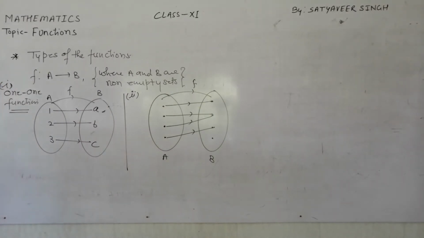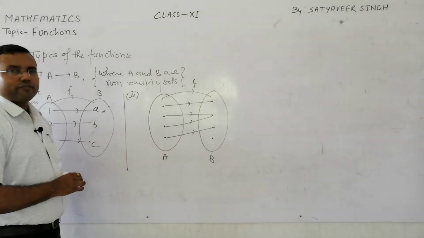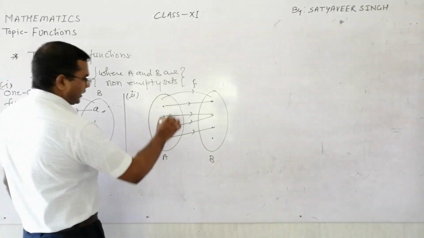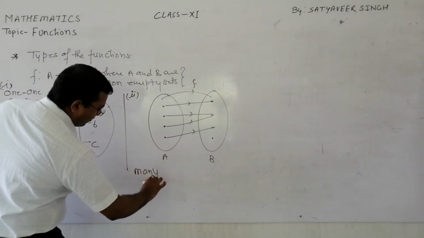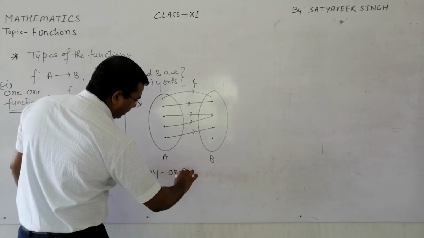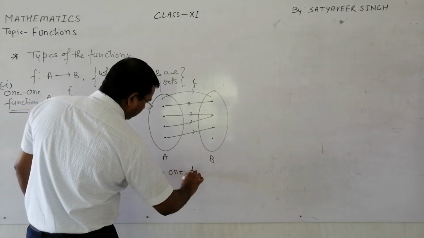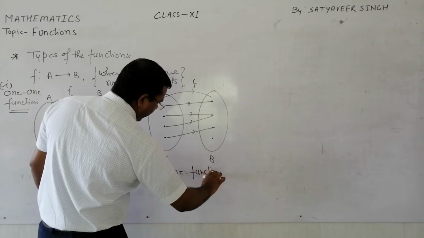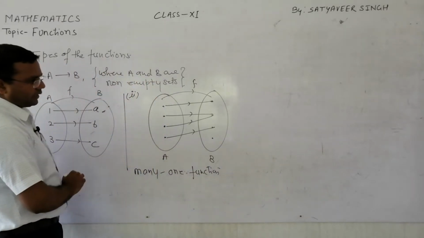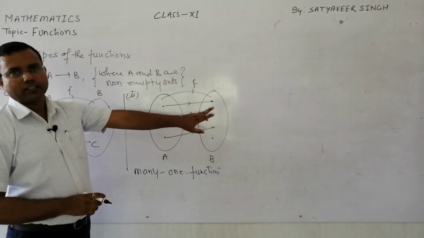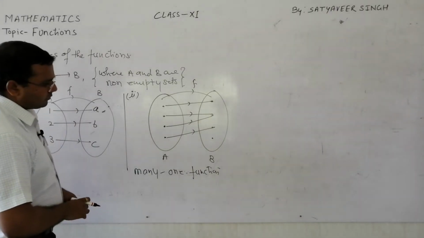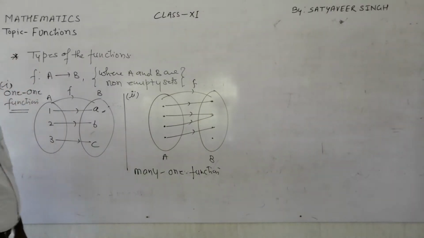This function is called many-one function. Why is it many-one? It is clear from the diagram, because these two elements have the same image in set B. That is why it is called many-one function.